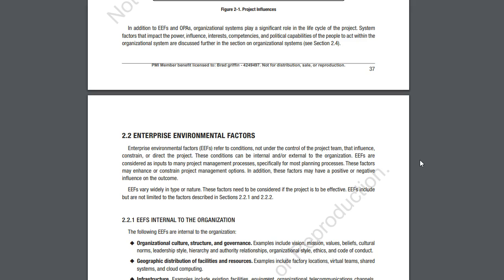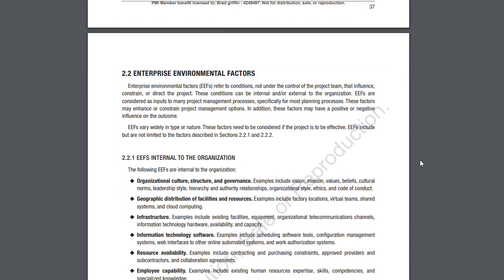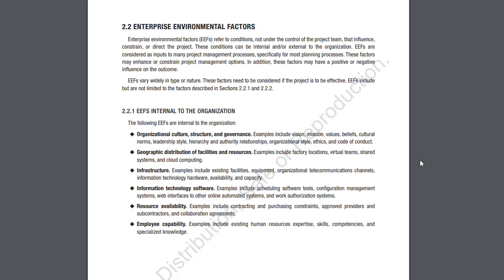So environmental cultures. So organizational cultures. Structure, governance. So we make a big deal every year about looking at those mission and values and beliefs. Companies do also.